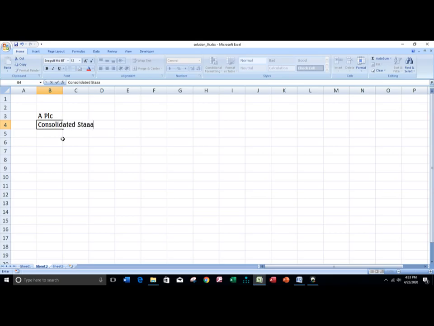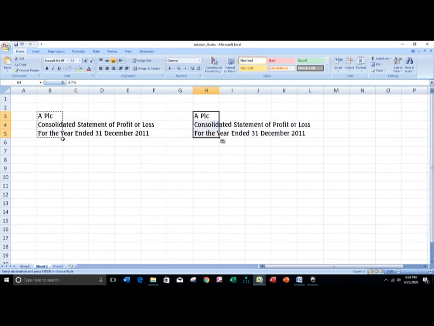Consolidated statement of profit or loss, and it's for the year ended 31st December, what year? 2011. So we do something similar for the statement of financial position.